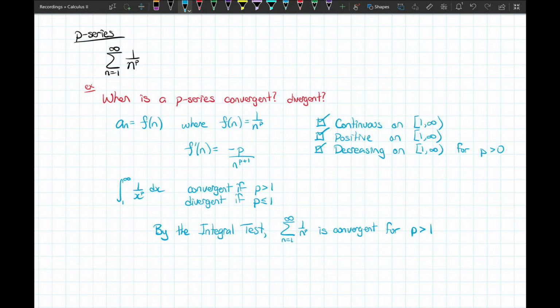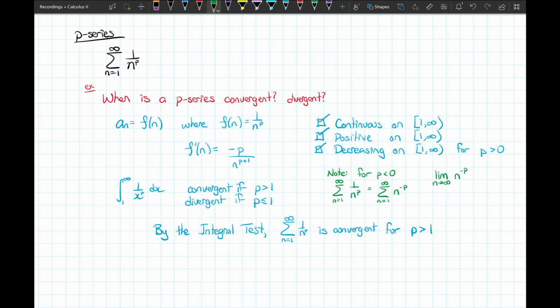We also know it's divergent for p less than or equal to 1, but we haven't been able to use the integral test when p is negative. Let's just take a moment and see what happens if p is negative. If p is less than 0, we might want to write this series as n to the negative p. But because p is negative, negative p is positive.